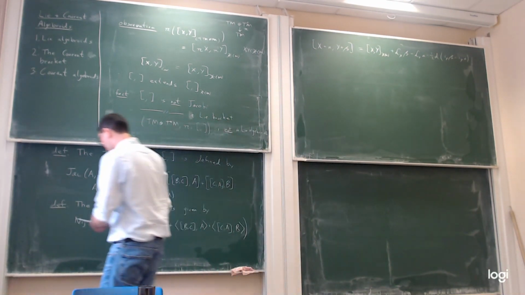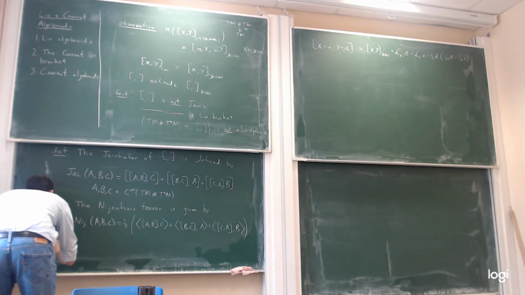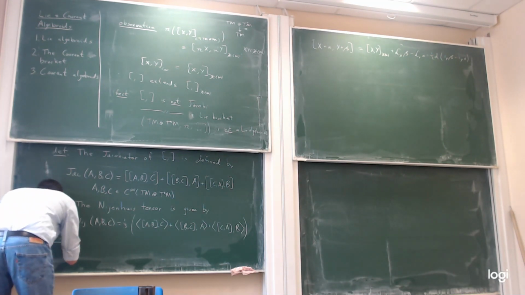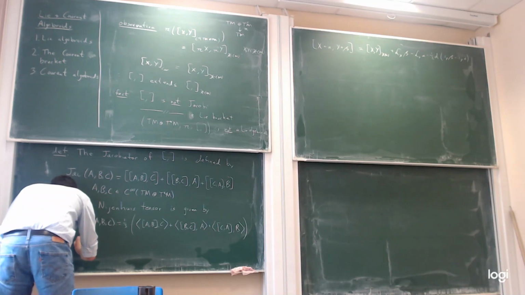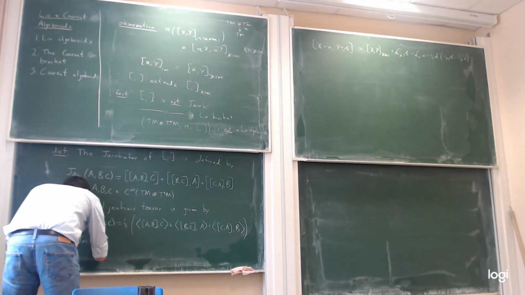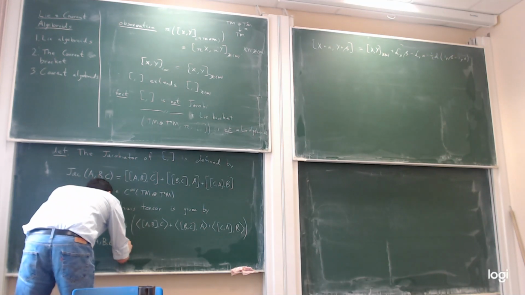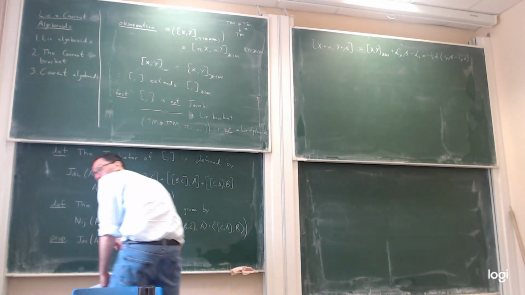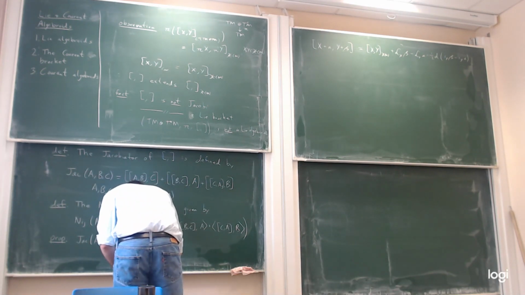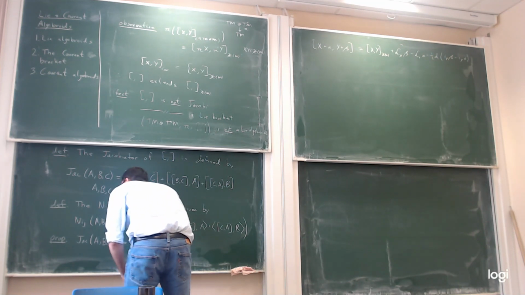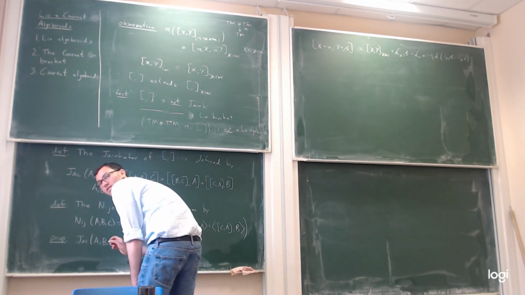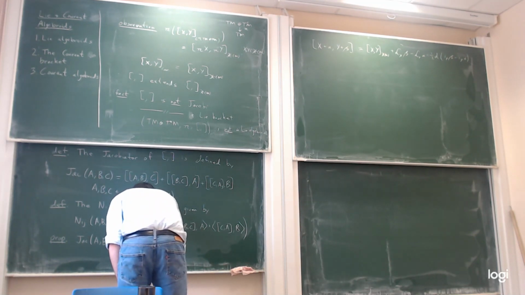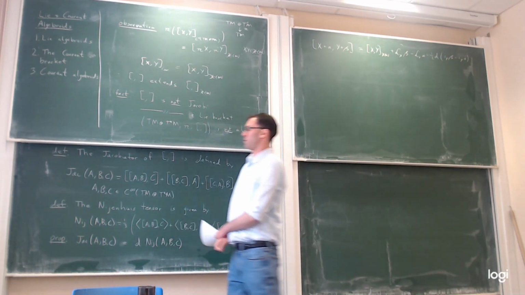And then a proposition. The Jacobiator of A, B, C is equal to the exterior derivative of the Nijenhuis tensor of A, B, C. So that's interesting.